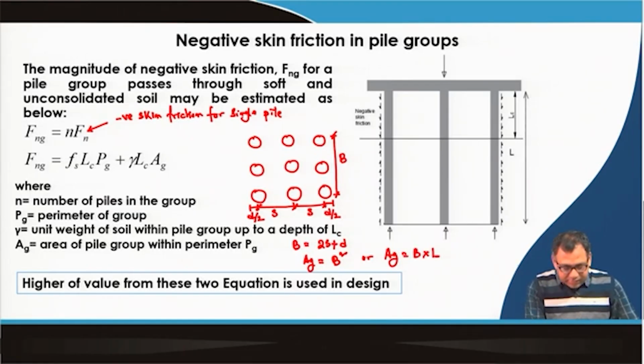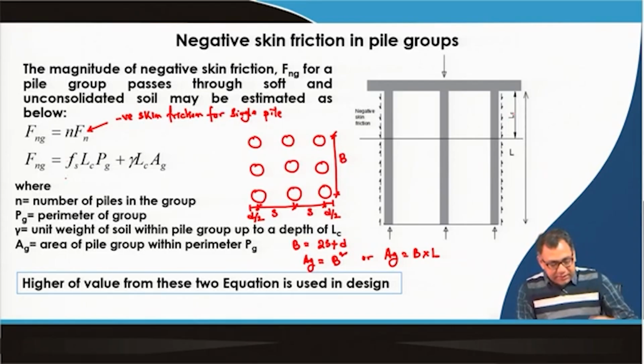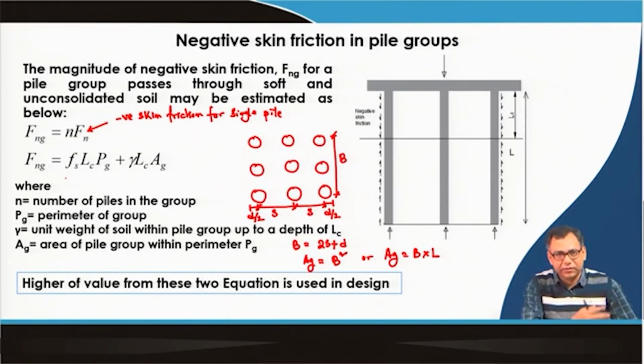Here L_C is the length of the negative skin friction zone, and f_s is the negative skin friction, which we can determine the same way as discussed for the single pile, because we used the same technique for the load carrying capacity of the pile.